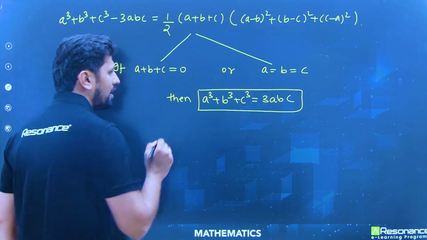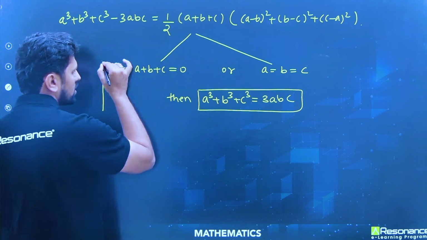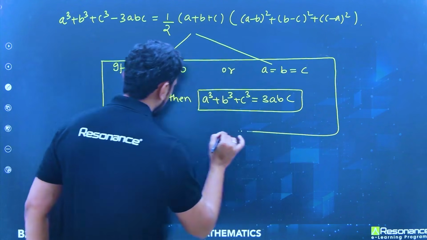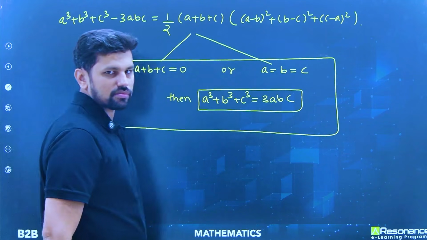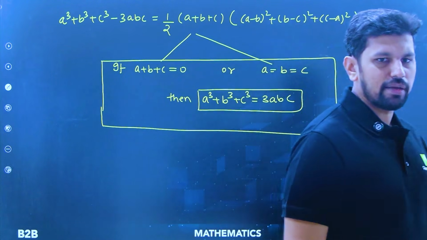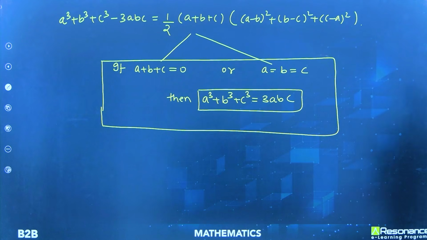All the proving we have done is just for knowing this identity, this relation: if a + b + c is equal to 0 or a equal to b equal to c, any of the two cases.